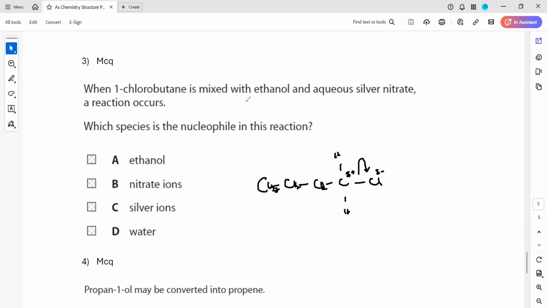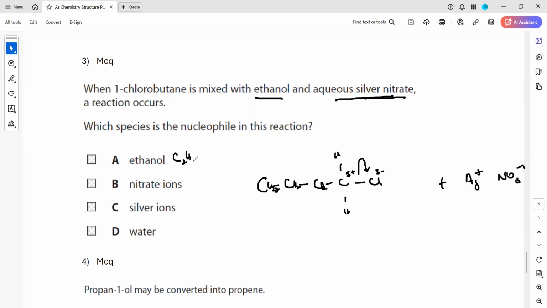So what is the attacking nucleophile here? Which species in this reaction is a nucleophile? 1-chlorobutane is mixed with ethanol and then aqueous silver nitrate. The aqueous silver nitrate contains a silver ion and the nitrate ion. The nitrate ion is not attacking the carbon, which is partial positive.